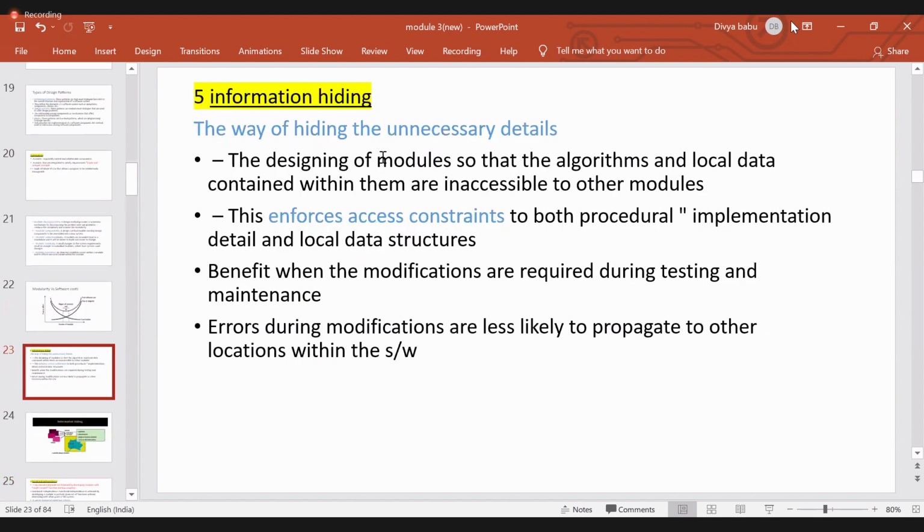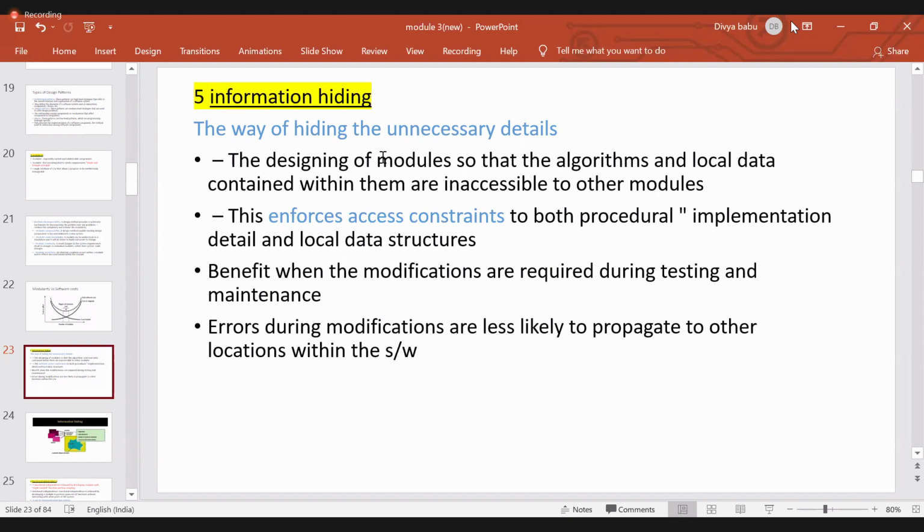Before, I said in procedural design, abstraction means we are disclosing the details in different levels, one by one, not at a time, like DFD 0, DFD 1, DFD 2. We are disclosing all the details, but not in DFD 0 itself. At the next level you go for DFD 1. It depends on where you have to show the details. So the way of hiding unnecessary details is called information hiding.